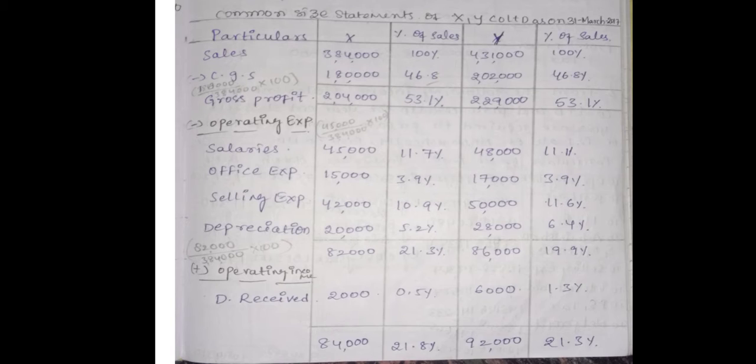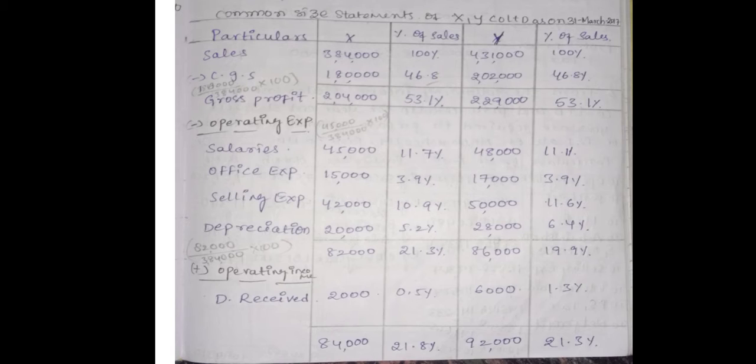Next we need to deduct the operating expenses. Operating expenses are the expenses we spend on regular activities. Salaries are also a regular activity of a company, an internal activity, so after one month we need to pay the salary to our employees.